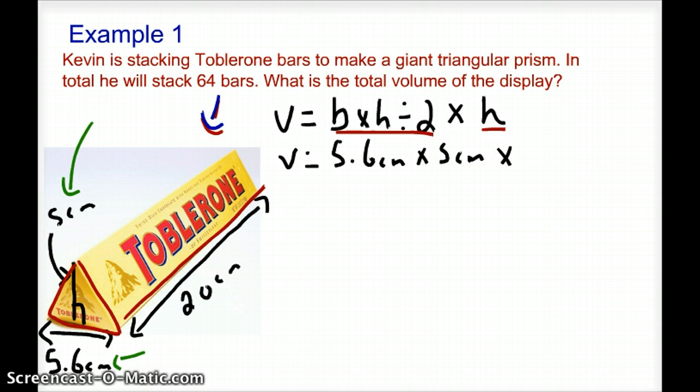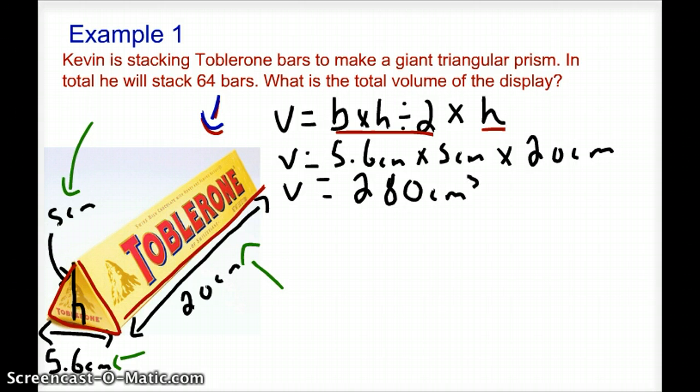Now we're multiplying it by the height of the prism, which is right there, and that is 20 centimeters. When we multiply them together, we have 5.6 times 5 times 20. We get an answer of 280 centimeters, and remember, volume is always in cubes, so centimeters cubed.